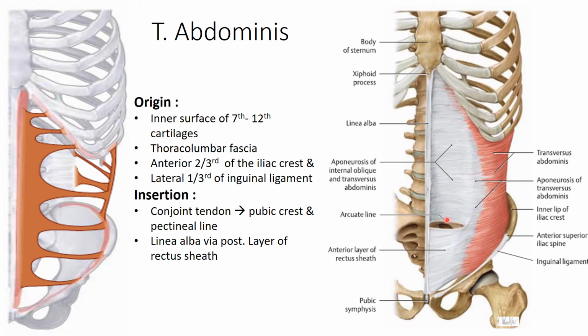Then after the arcuate line, as we discussed, these fibers move anteriorly, and here the arcuate line is formed. So they move anterior to the rectus abdominis to be attached to the rectus sheath, and through this to the linea alba, decussating at the linea alba.